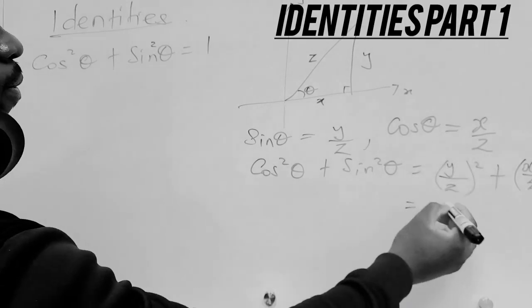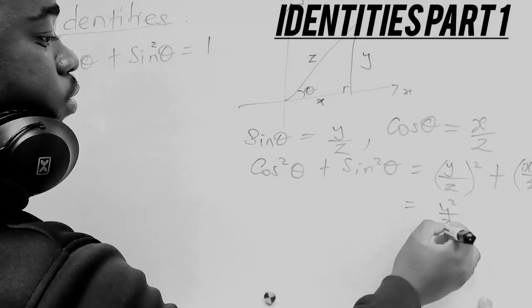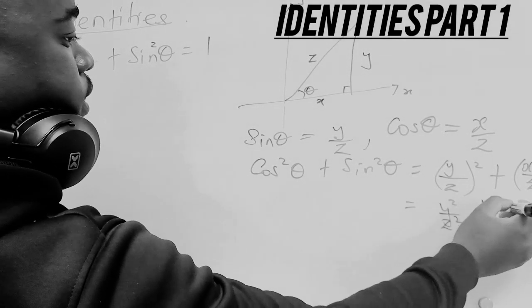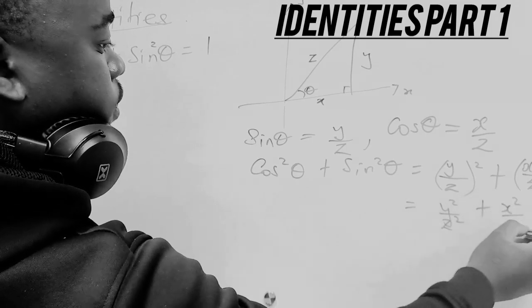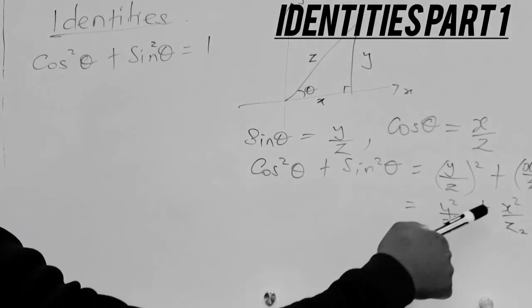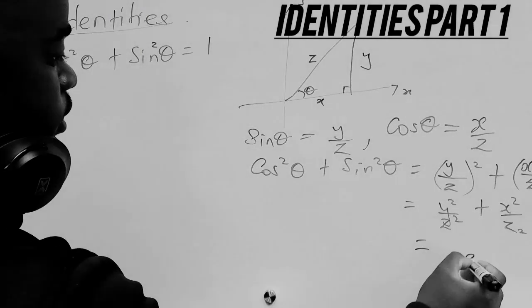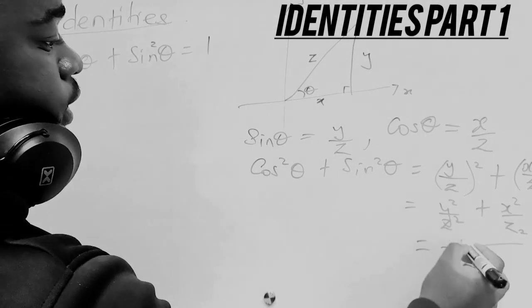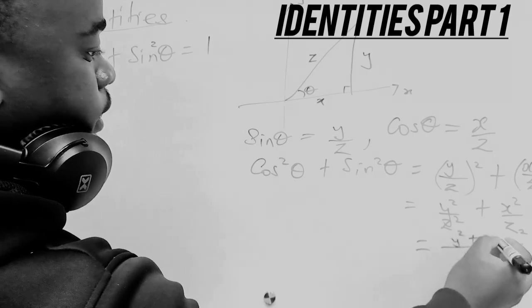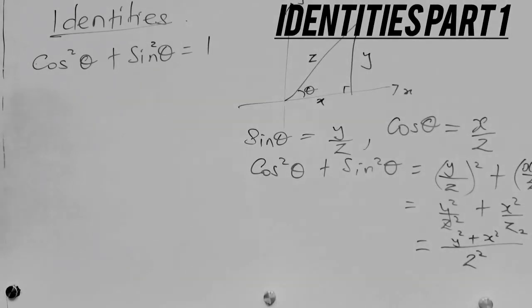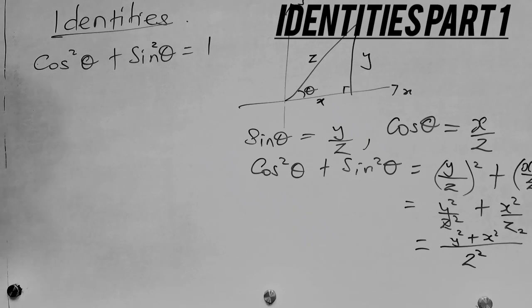Then we get y squared over z squared plus x squared over z squared. The denominator is common, so we just add the top, y squared plus x squared, over z squared.